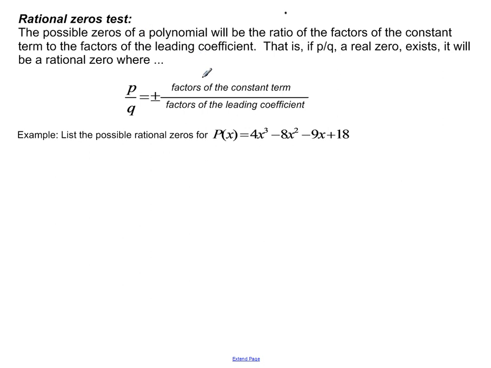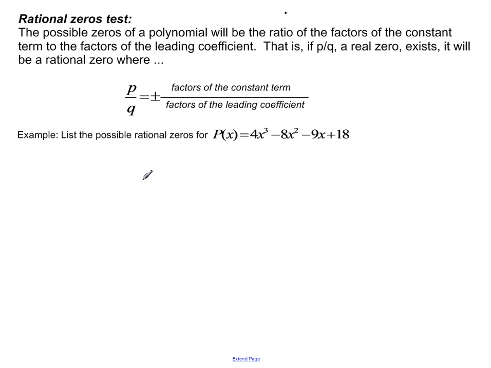That is to say, if p over q is a real zero, a rational number that's a real zero, and it exists, then p over q is equal to positive or negative factors of the constant term over factors of the leading coefficient.